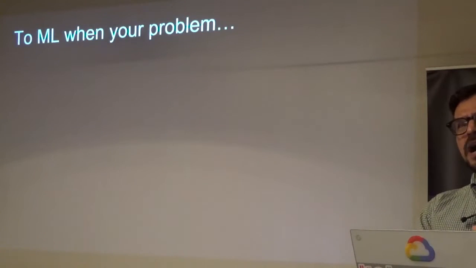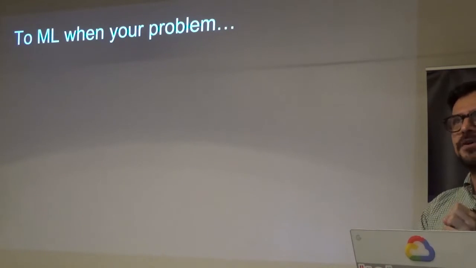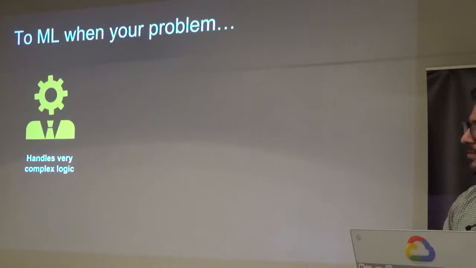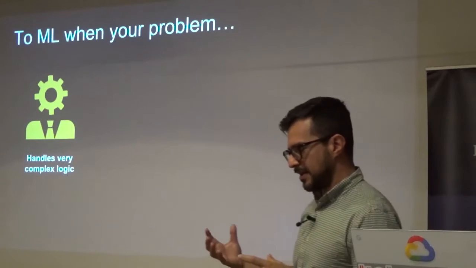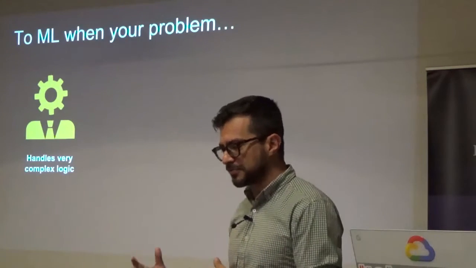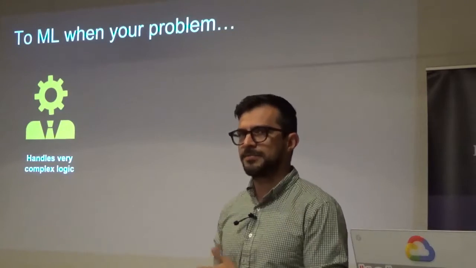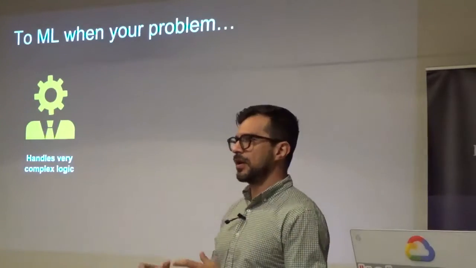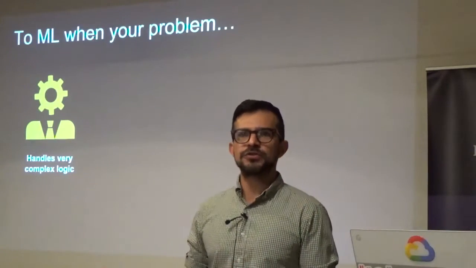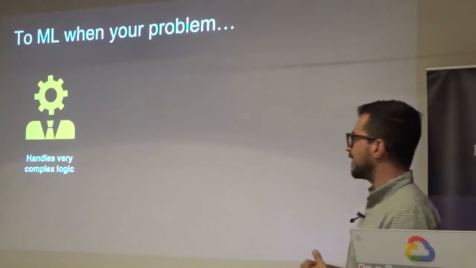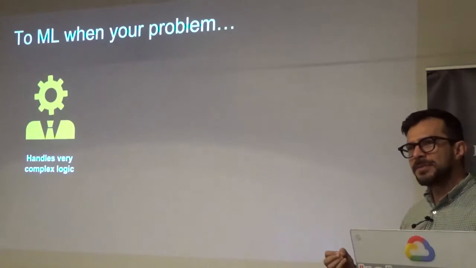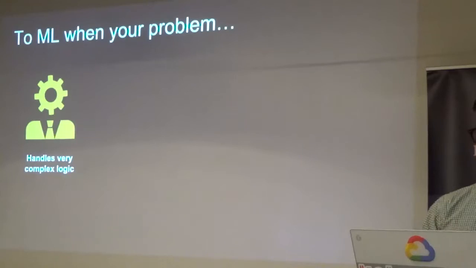So how do you analyze a problem and figure out if you can use machine learning or not? I use this framework a lot in my work in search to figure out whether I should use machine learning. The first question is: is my problem handling very complex logic?